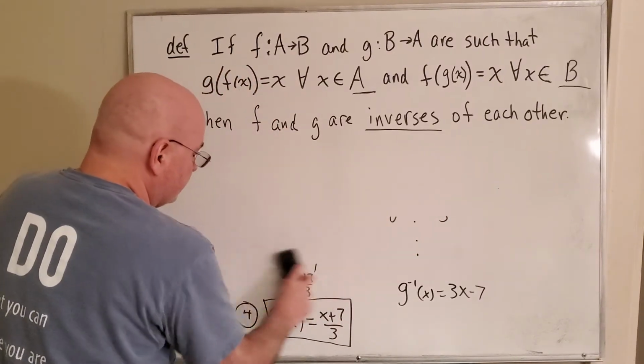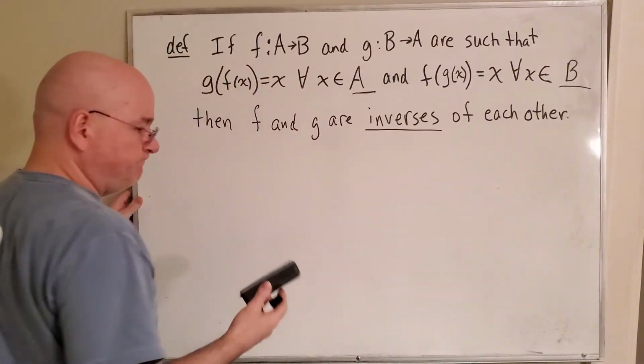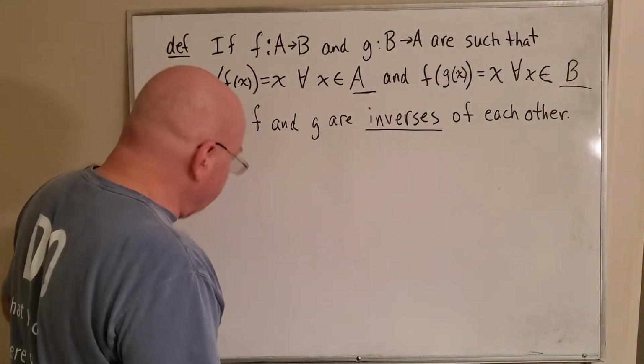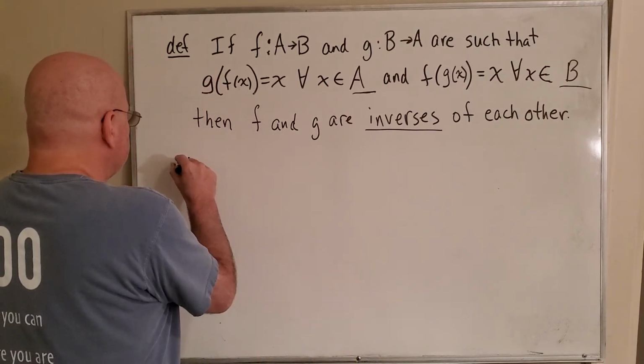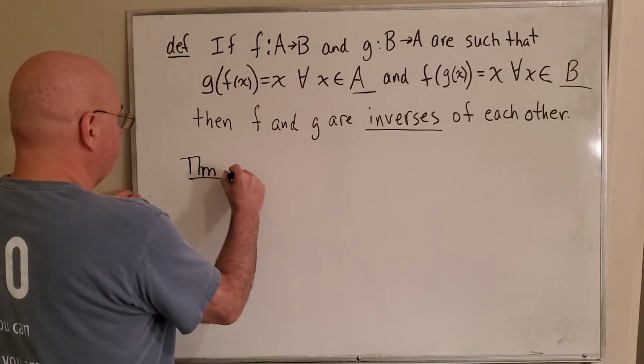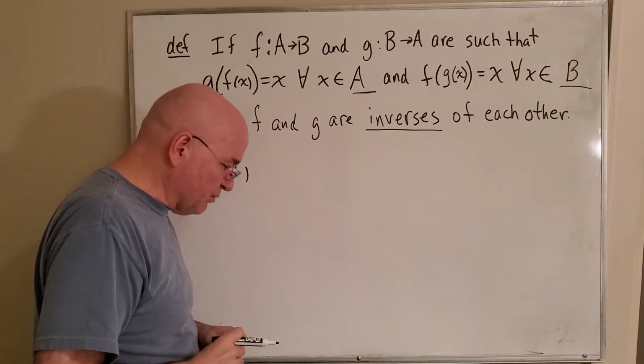All right, so I'm going to state and not prove two very, very short theorems. I will maybe write it down as theorem A, statement A and statement B, like maybe just one theorem.